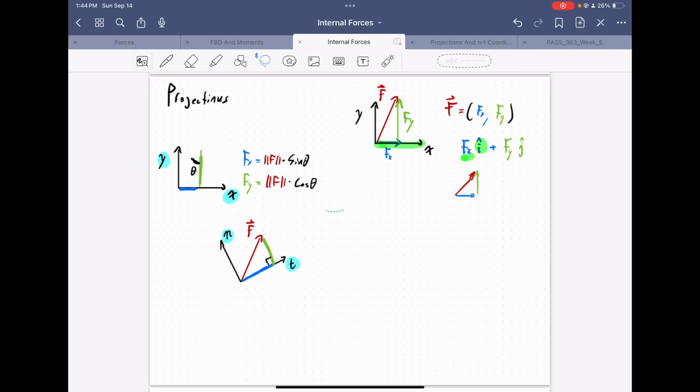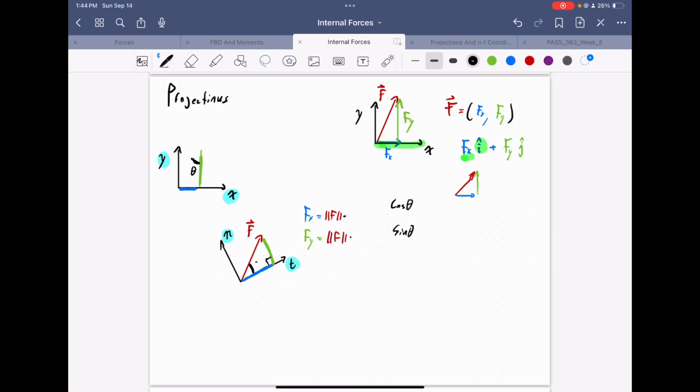So they're the same things, and if we look at it down here, right, and we move it back, in this case, if we had our angle here, we know this side is adjacent, cos, and this side is opposite, so we use sine.